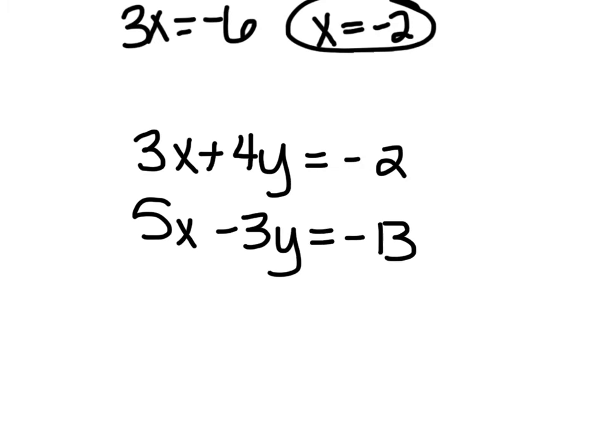Okay, so if I wanted to eliminate the y's, okay, 3 and 4, so I'd multiply the first one by 3 and the second one by 4. For this one, you don't have to pick one that's going to be negative, because if you notice, the 3y on the bottom is already negative, so I don't have to change anything.